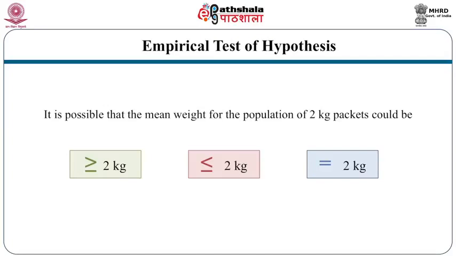Now it's possible that the real weight of that packet is greater than 2 kg, or less than 2 kg, or equal to 2 kg. If it is equal to 2 kg, you are safe because you are paying for 2 kg. If it is greater than 2 kg, you may be lucky, you get extra content for what you pay. But if it is less than 2 kg, you are in trouble.